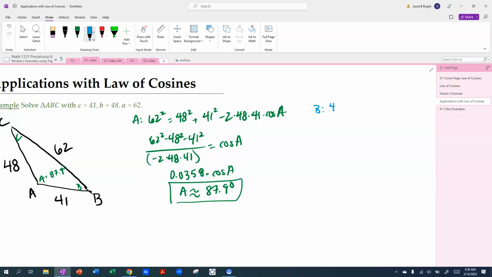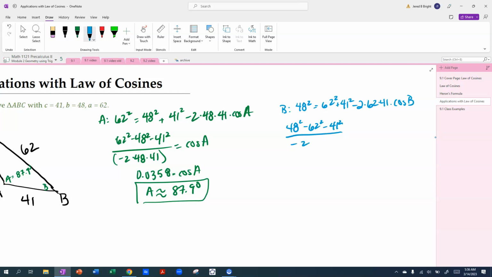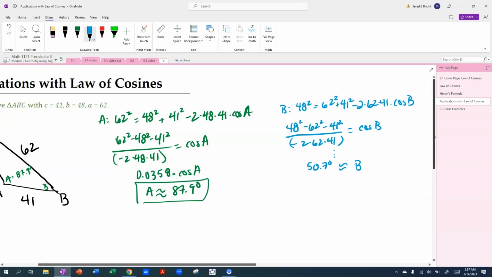So I would do 48 squared is equal to 62 squared plus 41 squared minus 2 times 62 times 41 times cosine of B. Then solving, 48 squared minus 62 squared minus 41 squared, all over negative 2 times 62 times 41 in parentheses in the denominator, is equal to cosine of B. Do the calculation, do inverse cosine, and I get that B is approximately 50.7 degrees.